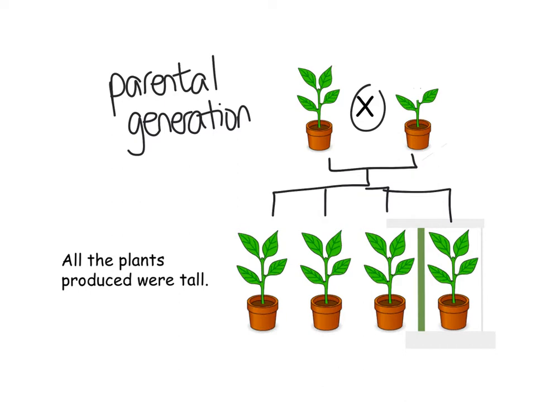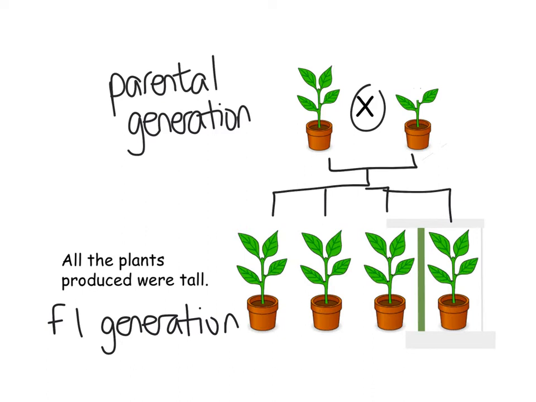Now this next generation is called the F1 generation. The F stands for the word filial, which comes from the Latin word which means son. So it's really the F1 generation.